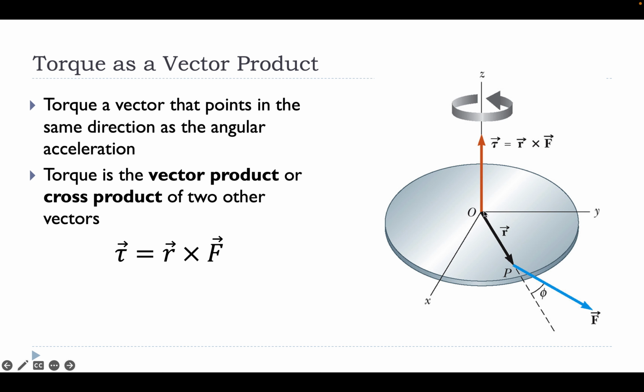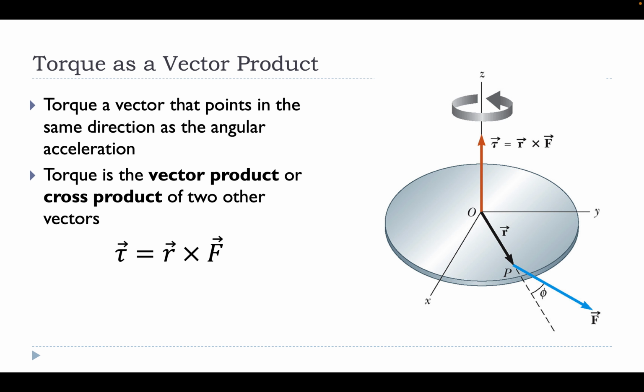So here's the axis of rotation of this disk, and the force is applied here at point P, and so R is the vector that points from the axis of rotation out to the point where the force is applied. If I take that vector R and take the cross product with the force that's applied, then I get something that tells me the torque.